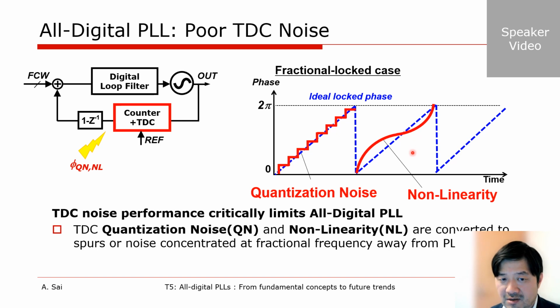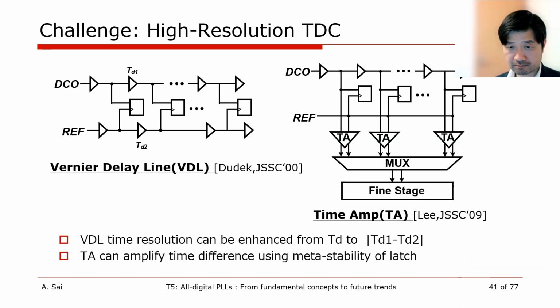The key topic of the research of the all digital PLL from 2002 to about 2015 is always about high performance TDC. The representative approaches for improving the quantization noise are the Vernier delay line here and the time amplifier here.